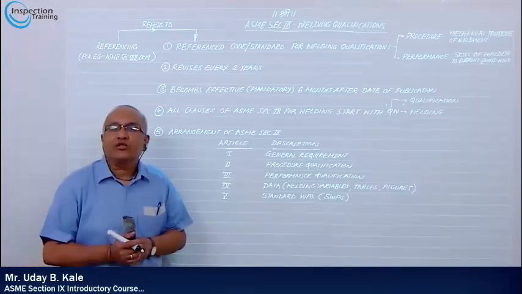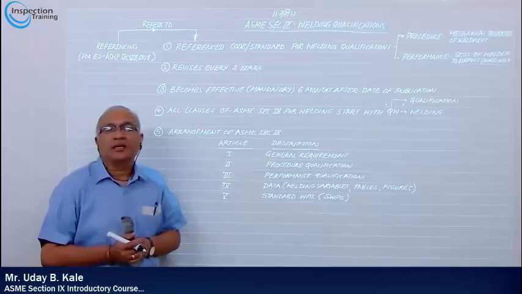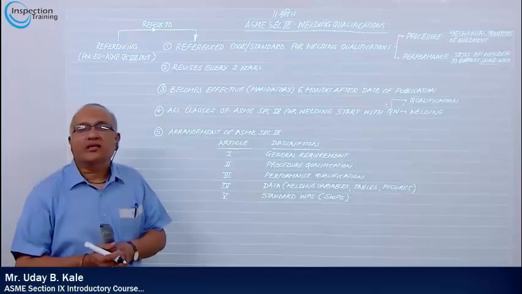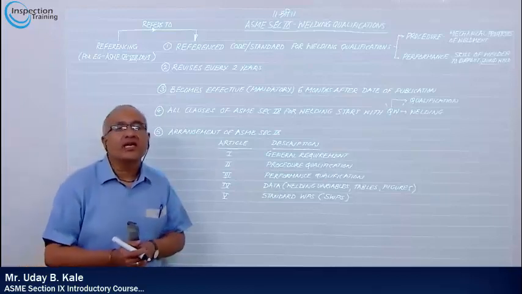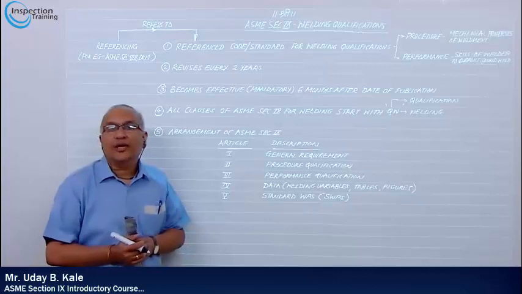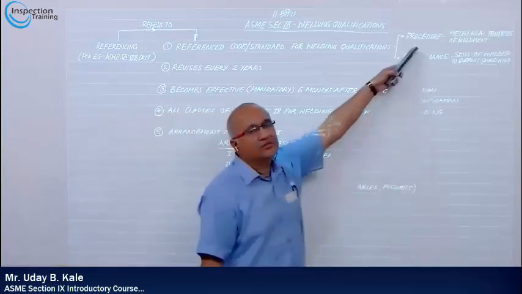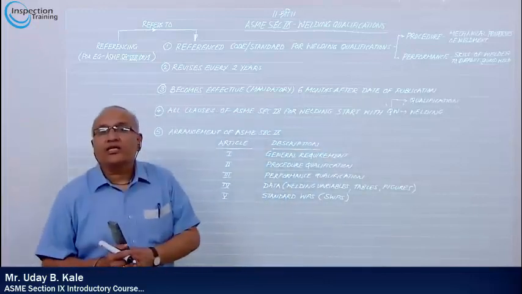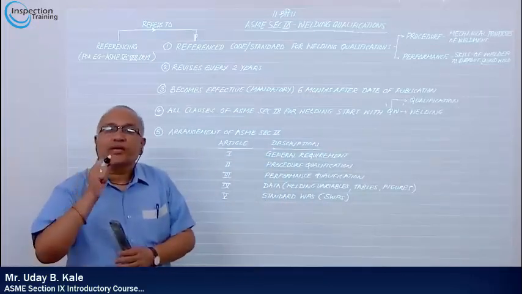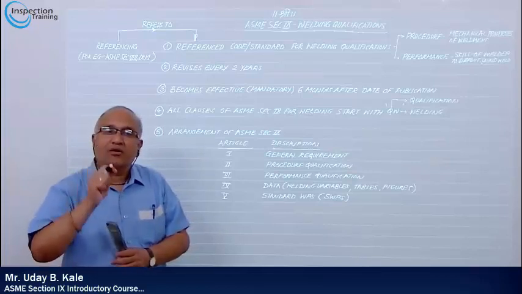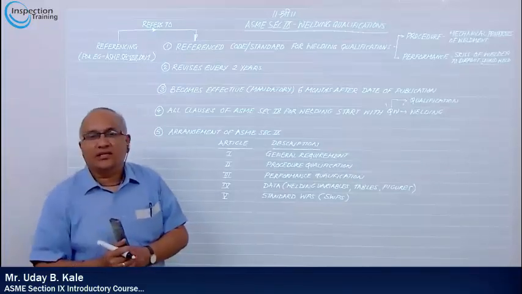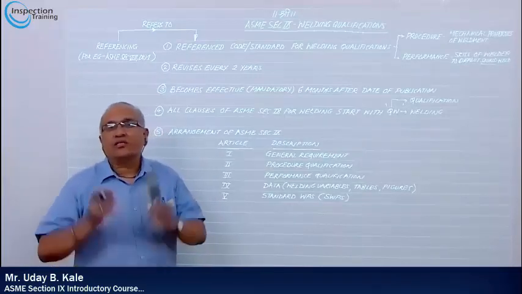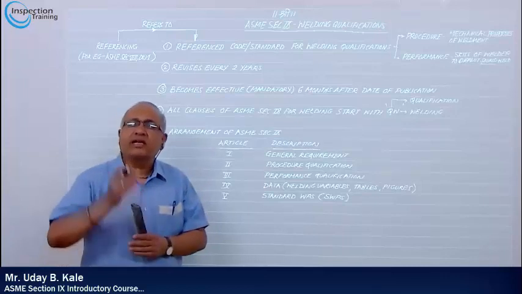This can be used for certain materials with certain thickness range without doing a procedure qualification. But using that procedure, you have to carry out performance, that means welder qualification is mandatory.